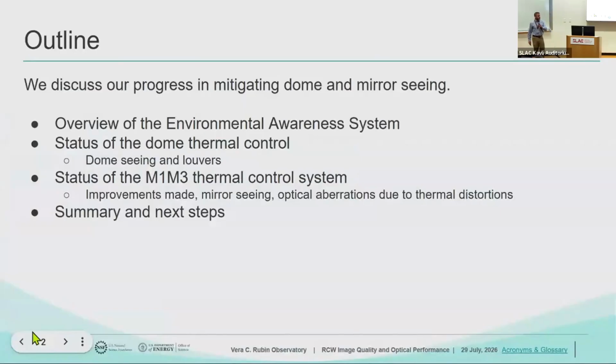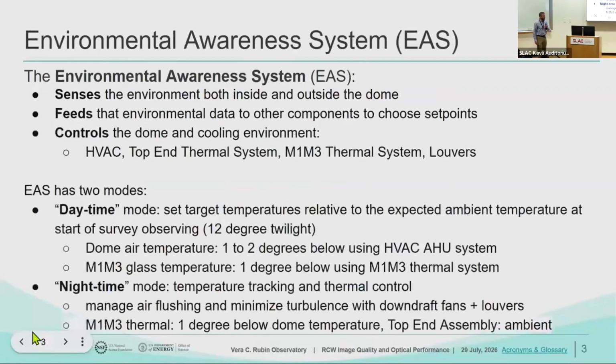The dome thermal control, describing our techniques and strategy in managing the environment around the telescope. Then the mirror system as well, how we create a stable environment for that to allow the AOS to function as designed. And then give a quick summary on where we sit right now.